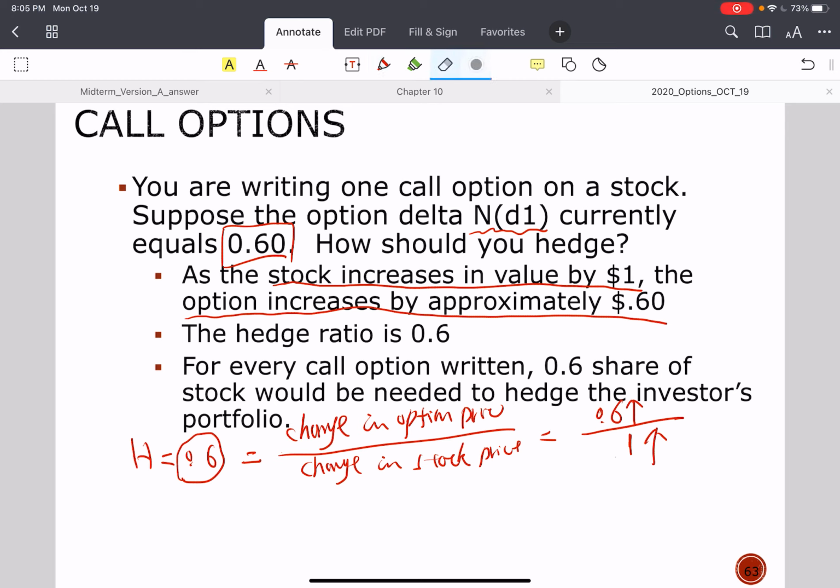So this essentially tells you that for 0.6 shares of stock.